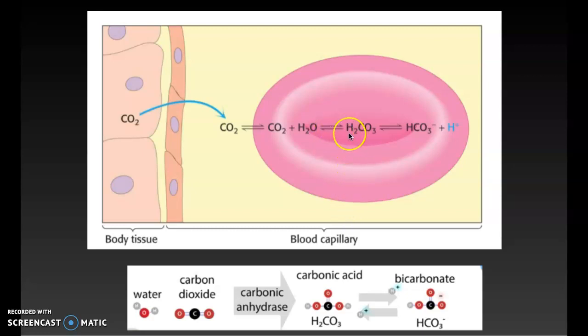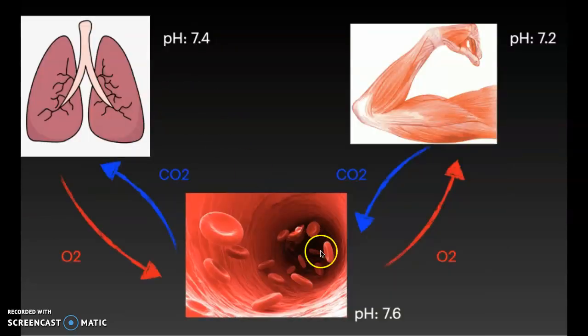Carbonic acid then dissociates to form bicarbonate and a hydrogen ion. This hydrogen results in a drop in the pH inside of the red cell, which is why you have a lower pH in the body tissues in the muscle than there is in the lungs or in the bloodstream, because that CO2 is causing the release of a hydrogen.